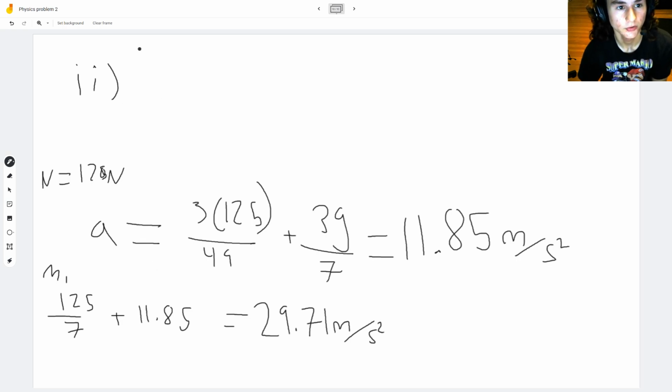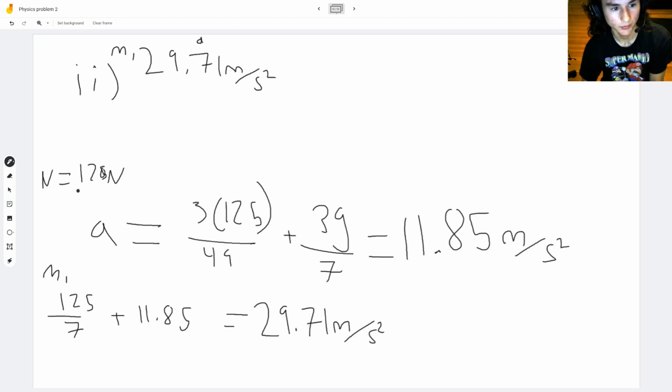So I'm going to write that over here, 29.71 meters per second squared. For mass 1, that's the acceleration when we're pulling up with 125 newtons, not 120.